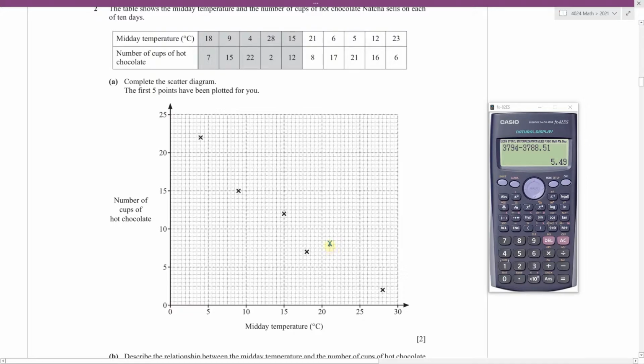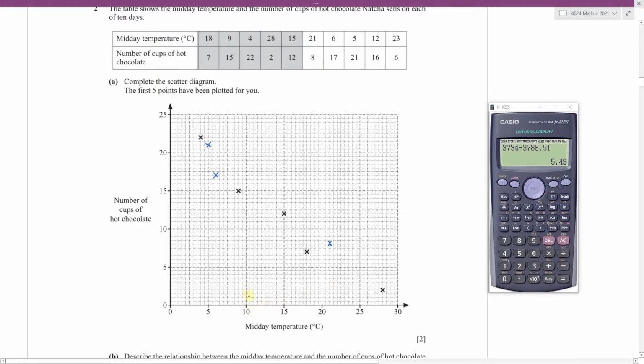So this is 21 and 8. Then you have 6 and 17. 6 and 15, 16, 17 will be here. 5 and 21. 5 and 21 will be this point here. Then you have 12 and 16.